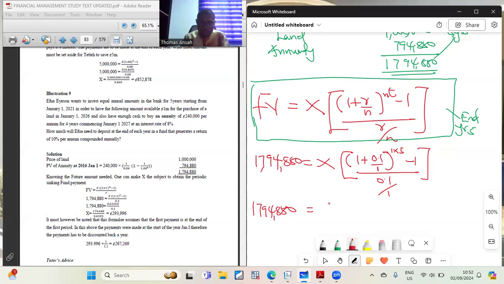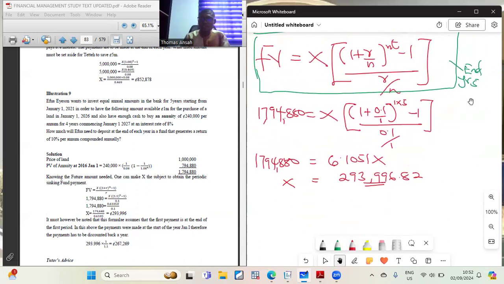I have 6.1051 x. So I say 1,794,880 divided by answer. What I'm having here, x is equal to 293,996.82.